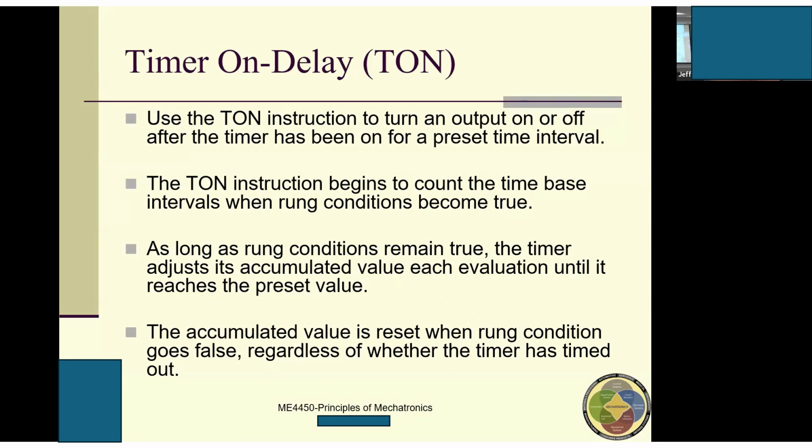You can use this done bit to drive or control something. The accumulated value is reset when the run condition goes false. When it goes false, you lose track of this timer, regardless of whether the timer has timed out or not.